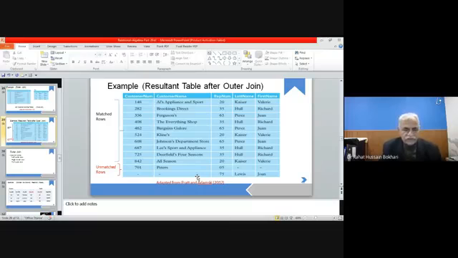Like in the inner join, we retained all the values that have the same, matched values in the attribute. But in the inner join, we discarded those rows which are unmatched. Within the outer join, we keep those rows, although they are unmatched, but with null values. So this is the difference between the two.